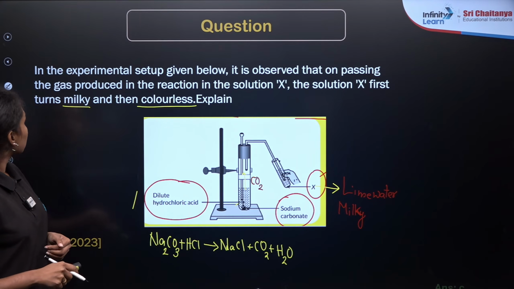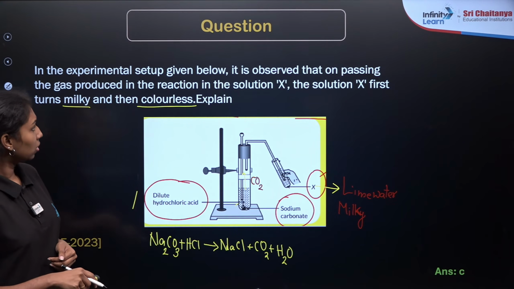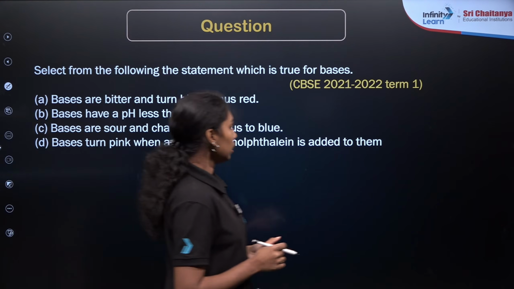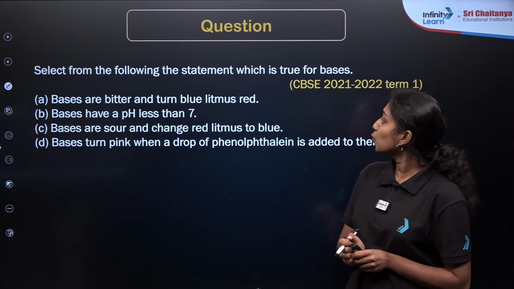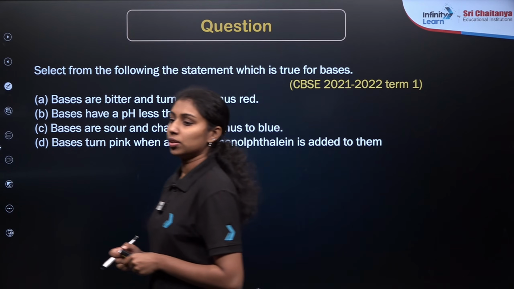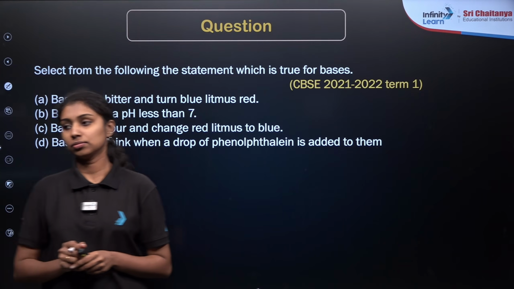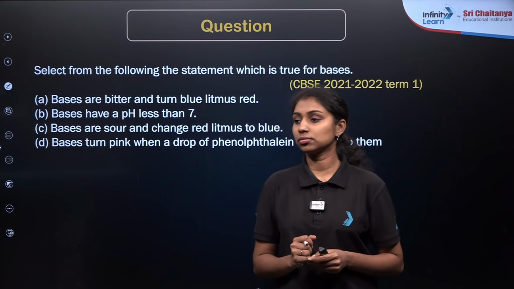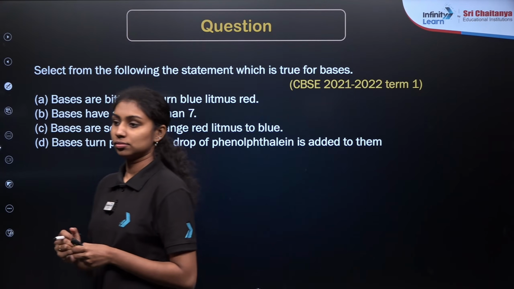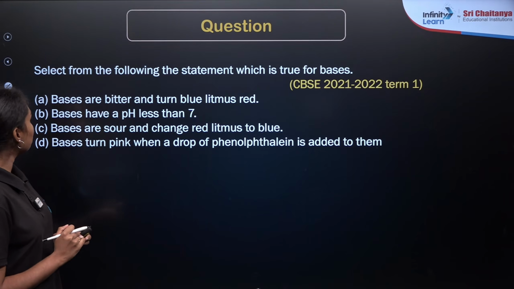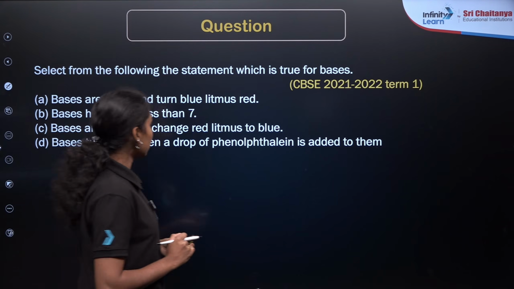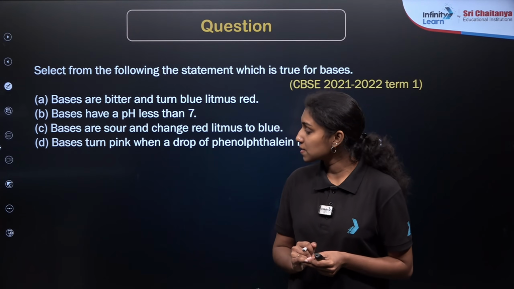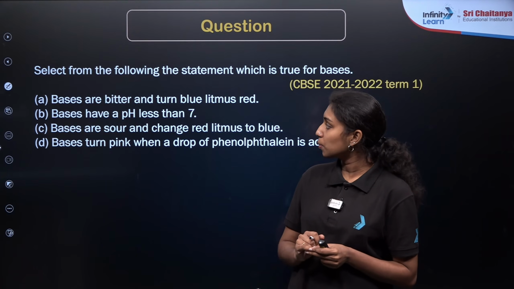Yes. Here is the next question. Select from the following the statement which is true for bases. Options are provided here. Bases are bitter and turn blue litmus red. Bases have a pH less than 7. Bases are sour and change red litmus to blue.